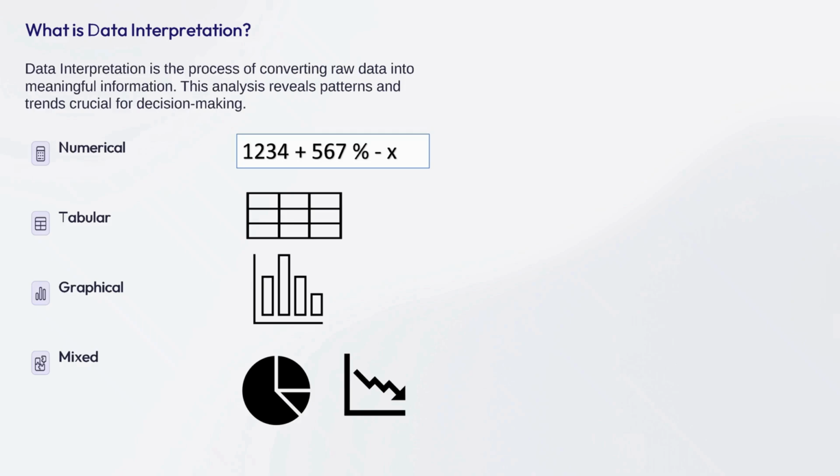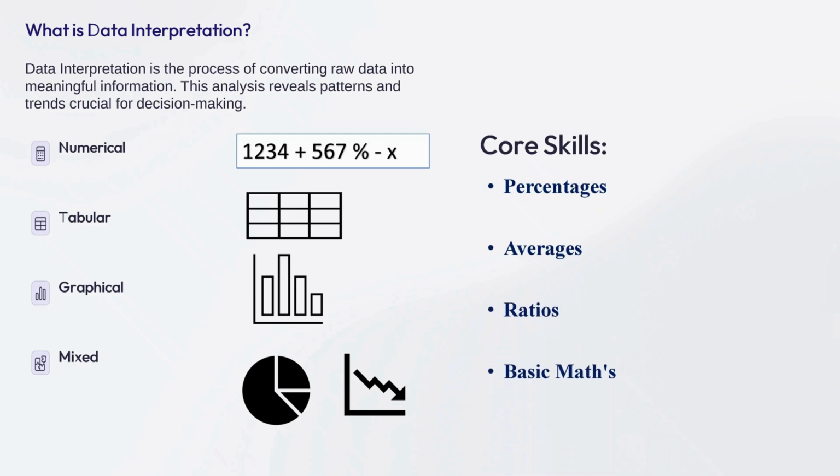If you need to crack these data interpretations very easily, you need some core skills like understanding quantitative and qualitative data. It helps in proper analysis, and you have to be a master in percentages, averages, ratios and some basic maths. It's related to addition, subtraction, multiplication and division. In percentages, we must know x is what percentage of y, and x is what percentage more or less than y.